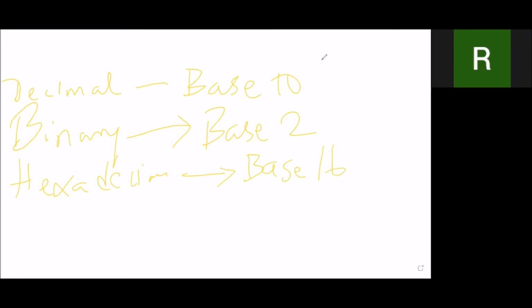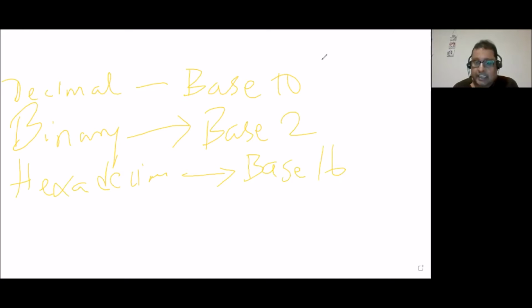What does it mean? In base 10, you have 10 distinct ways of representing numerals. In base 2, you have only 2 distinct ways of representing numerals. In base 16, they have 16 different ways of expressing numerals.